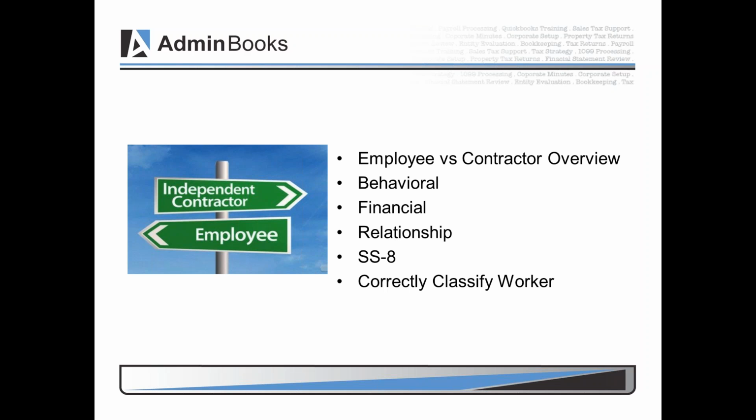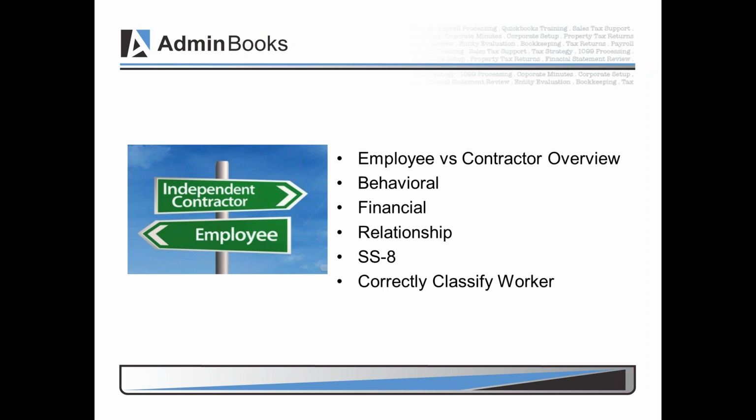But what I want to talk about is behavior control, meaning does the employer, does the company, control the worker's time? Does the company tell the worker, you need to show up from 9 to 5, or this is how you do your job, when the work is done and how the work is done?